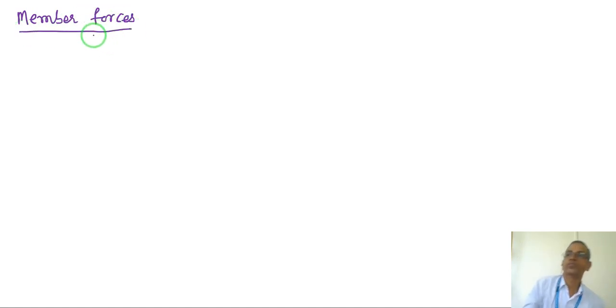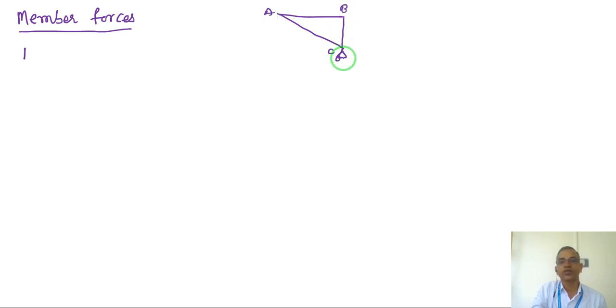So let us go to the member forces. Now we have a formula for member forces. For example, I'll draw the truss again here, small truss. Remember this, A, B and C. This was roller and this is hinge. Now I will also write down here the displacement, very important.